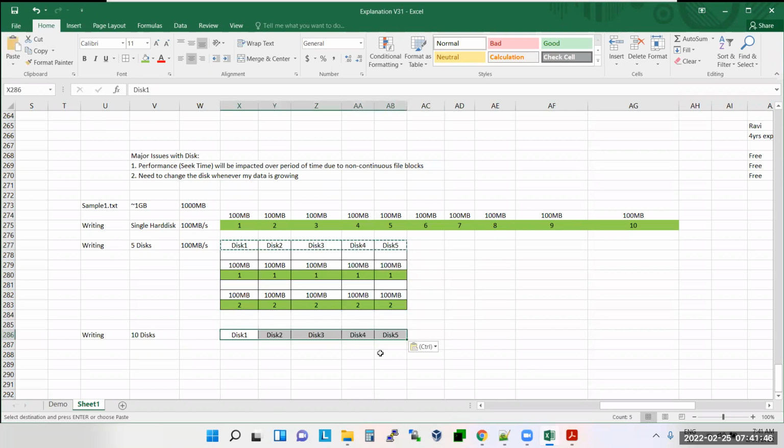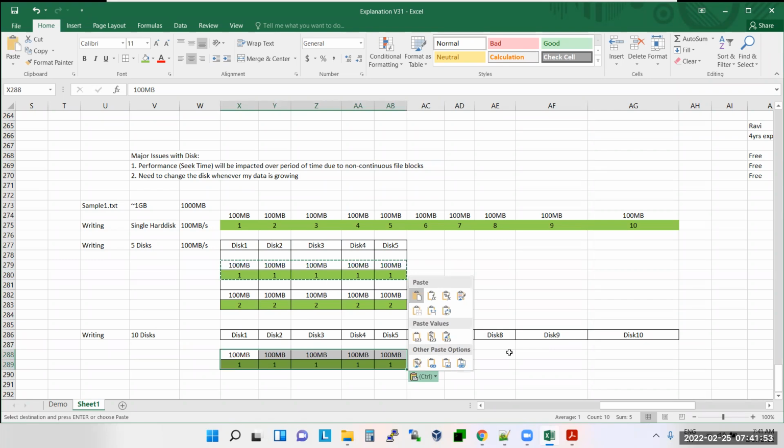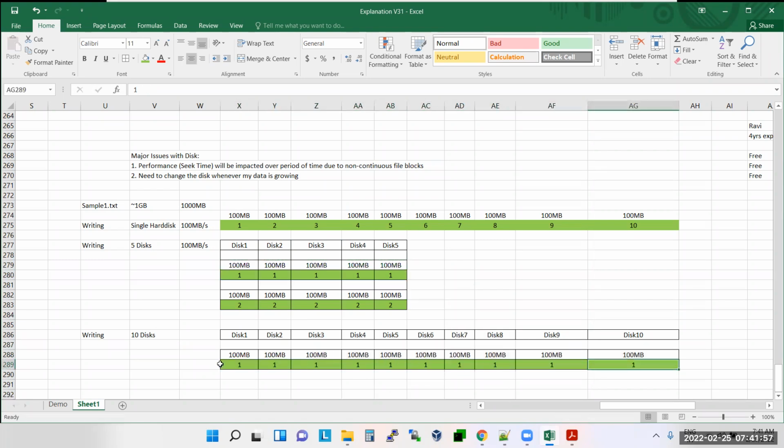Each disk can start at the same time, and in 1 second everything can be completed. Correct or not? Yes, sir. So if I have a single disk, it is taking 10 seconds; if I have 10 disks, it is taking 1 second. Yes, sir.